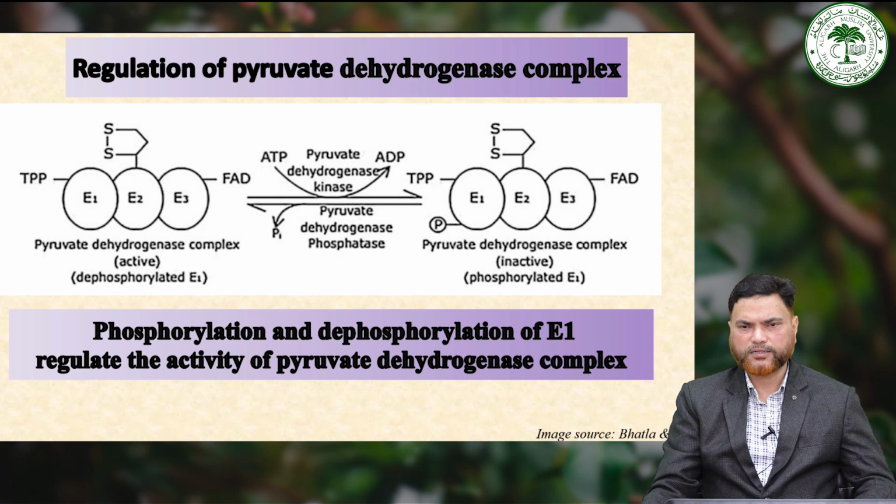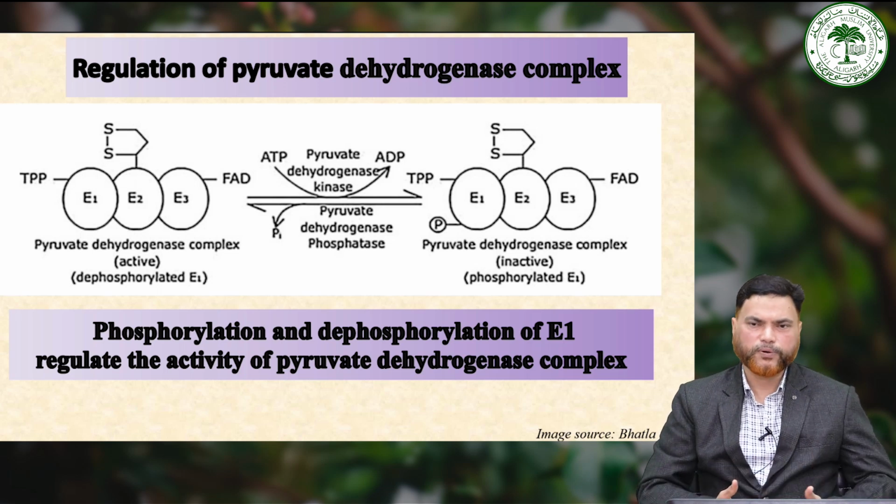Pyruvate acts as an activator by inhibiting PDH kinase activity. This inhibition in turn removes the phosphorylation based inhibition on the enzyme. Ammonium ion activates the PDH kinase activity, leading to the inhibition of PDH activity. So basically, the interplay of ATP and ADP ratio, phosphorylation and various activators and inhibitors creates a regulatory system for pyruvate dehydrogenase complex, ensuring cellular energy balance inside the cell.